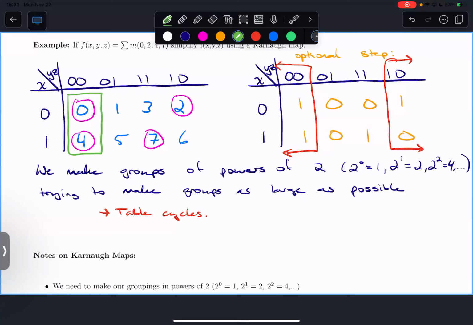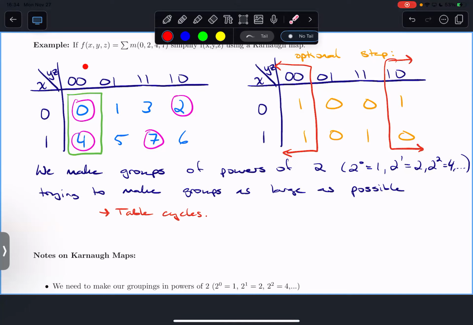How can we summarize that group? That group is varying across X, but for all of these values, 0, 0. So what we could do, we could summarize this column as Y is off, Z is off.